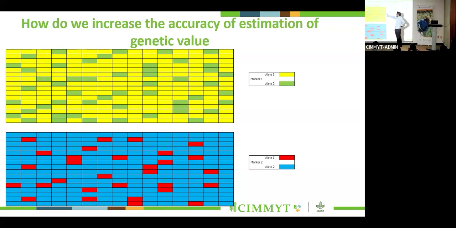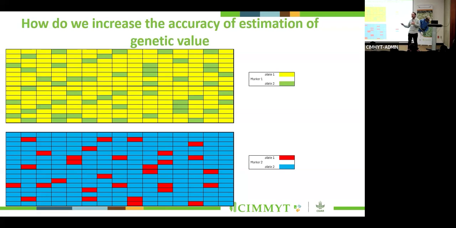Imagine this is your field, and these are two reps. And individuals, for a particular marker, have allele 1, which is yellow, or allele 2, which is green. And all of these individuals have a phenotype, let's say yield for now. So, if you look across this data set without doing any statistics at first, you can say that on average, individuals with allele 1 have a yield of 5.1 tons per hectare.